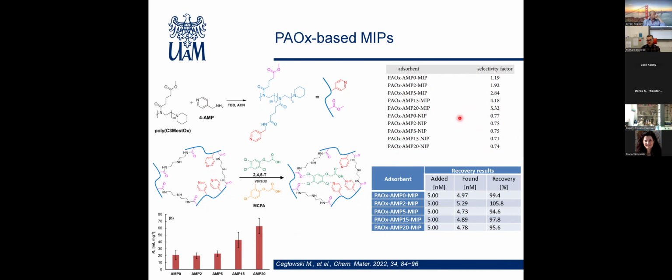Also, we have shown that the selectivity factor nicely correlates with the K parameter from the Langmuir model. The K parameter shows more or less the strength of interaction between the molecular cavity and the template itself. So that's why we showed the nice correlation between these two values.